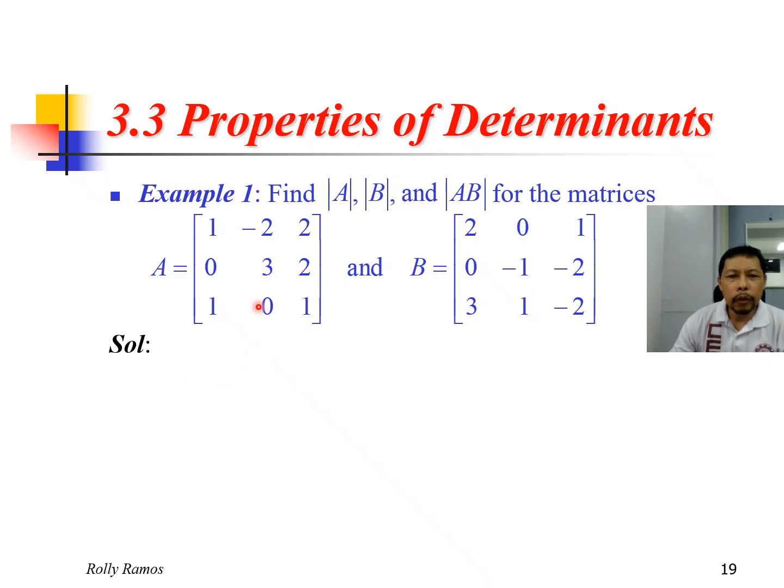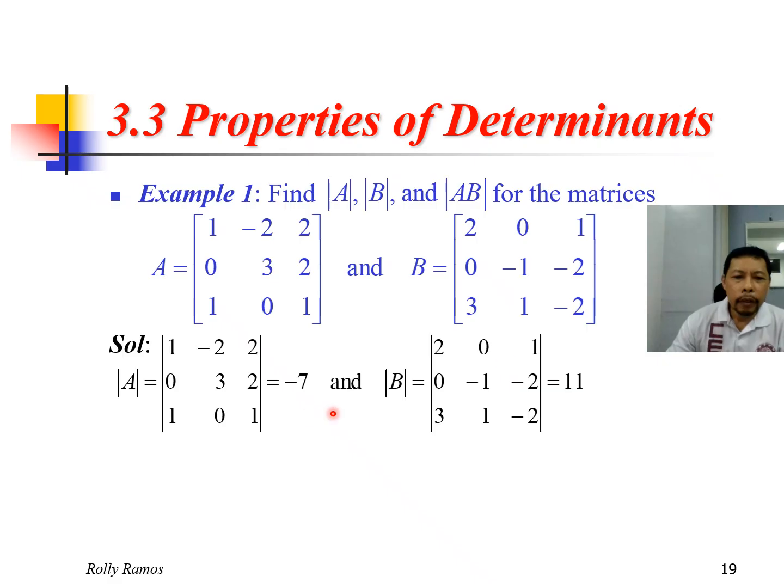Finding the determinant of A by the previous methods that we have learned will give us -7. Determinant of B is 11. And then multiplying the determinant of A and determinant of B gives us -77. -7 times 11 is -77.